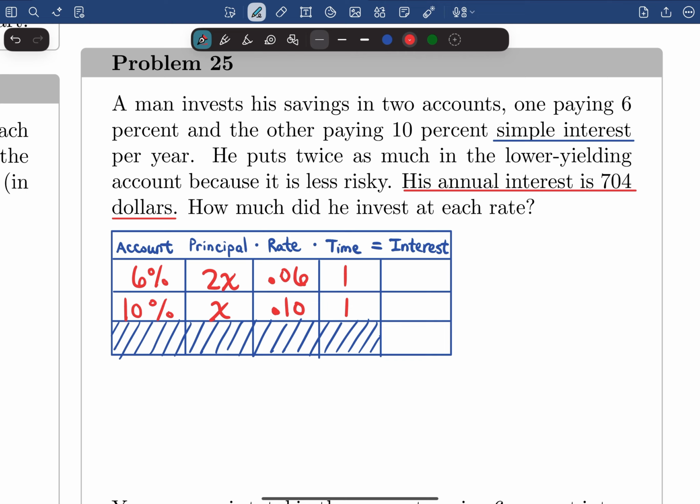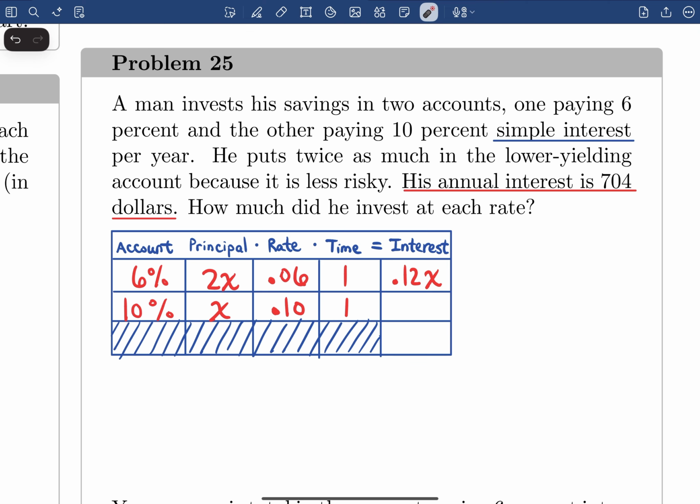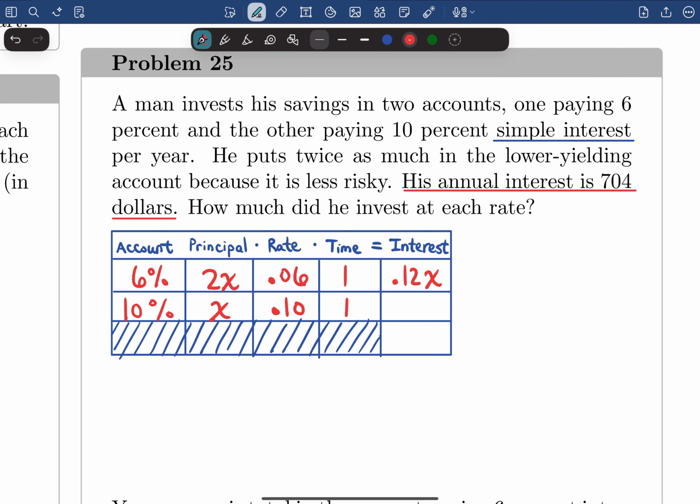For example, I have 0.06 times 2x, times 1, which I can clean up. 0.06 times 2 is 0.12. It's just like multiplying 6 times 2 is 12, so 0.06 times 2 is 0.12. And for the 10% account, we've got x times 0.10 times 1, so we end up with 0.10x here.